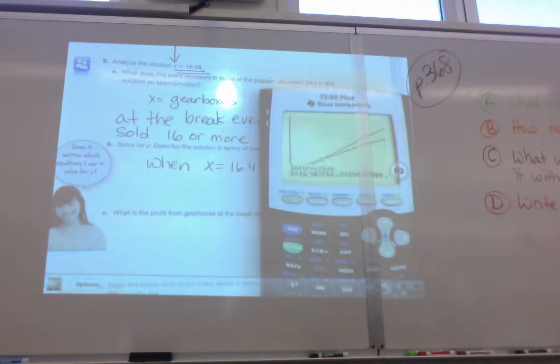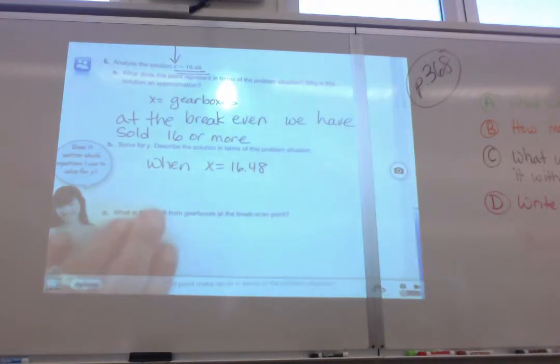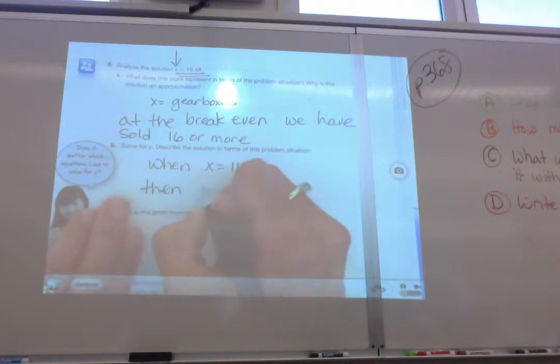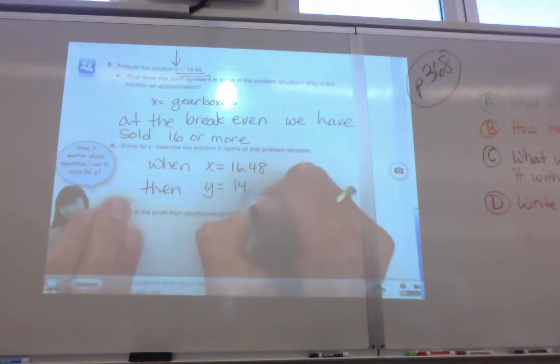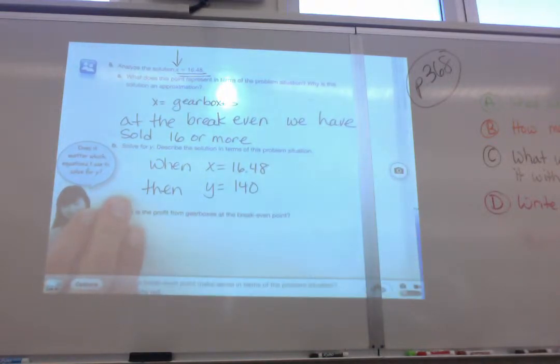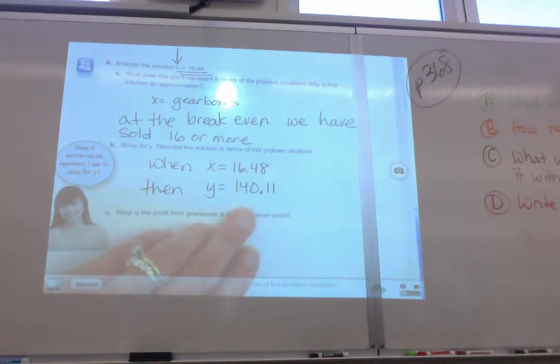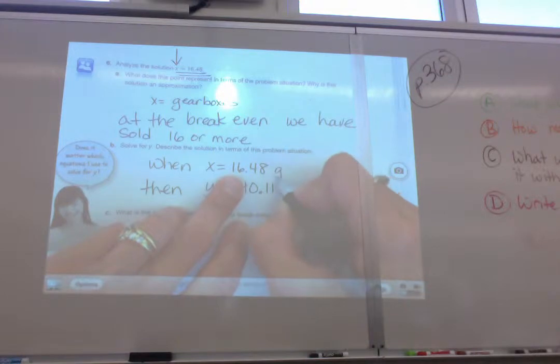It's probably on yours. When x is 16.48, what's the y? Then y equals 140.11. Okay, so x is gearboxes.